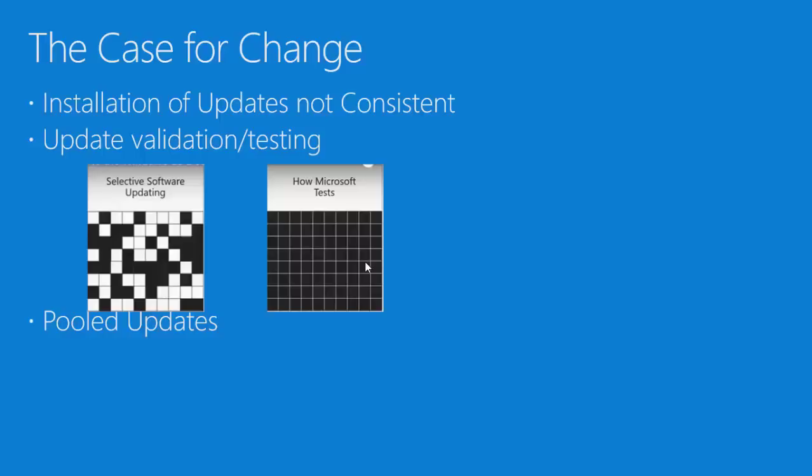Now, with the way that we have pooled updates, meaning that yes, we still release security updates standalone, but you're not going to be faced with that situation where you have 15 security updates and your organization picks and chooses which 7 of the 15 they want to deploy. If you're going to deploy our security updates, you're going to deploy the full month's worth of patches. This picking and choosing is really gone.